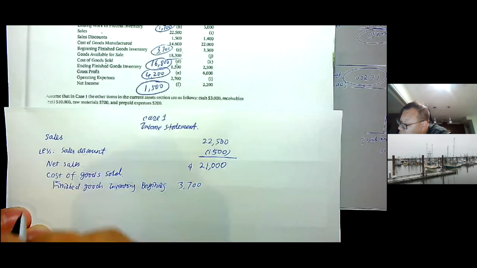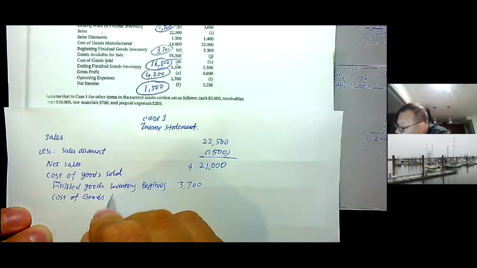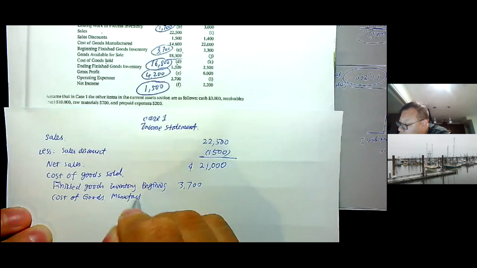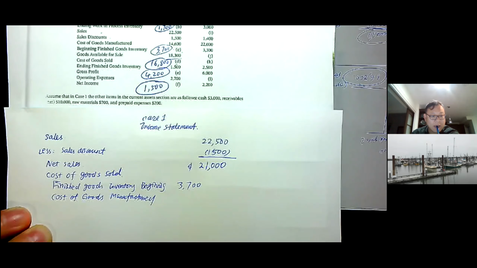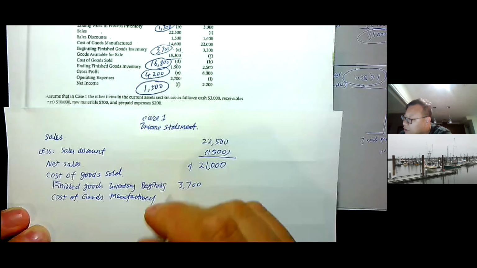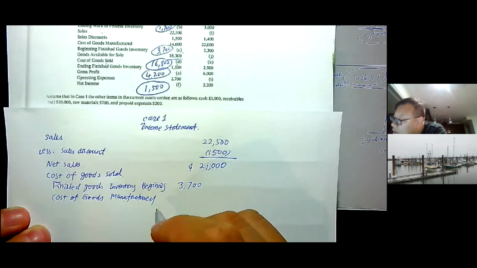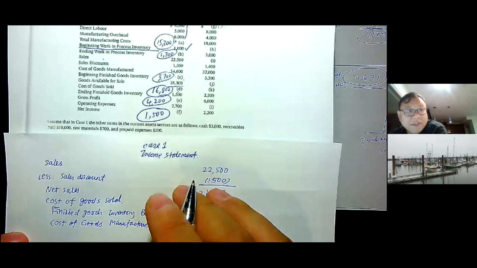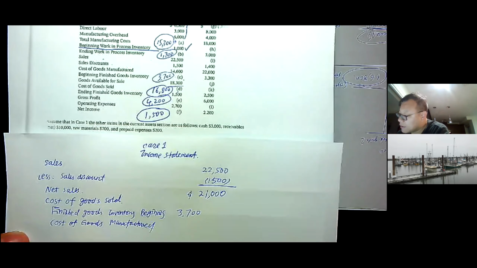And then we add cost of goods manufactured. What is this? This one we have already figured out. It's given, the cost of goods manufactured, 14,600.